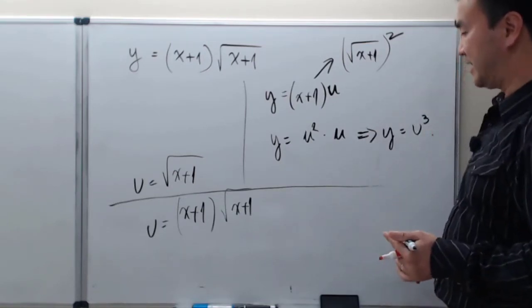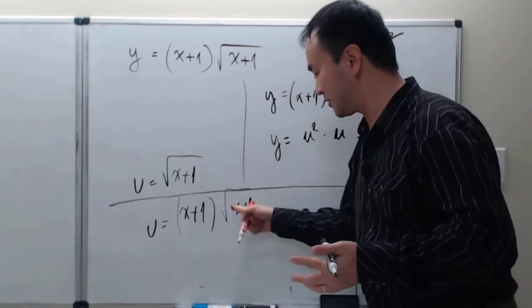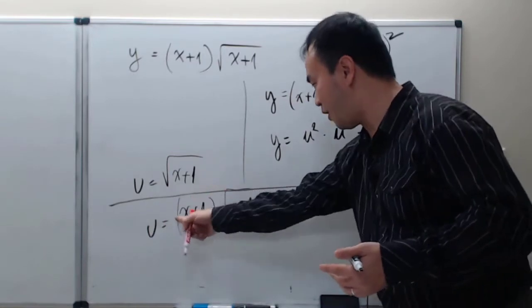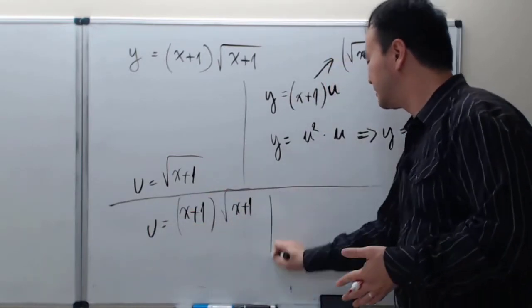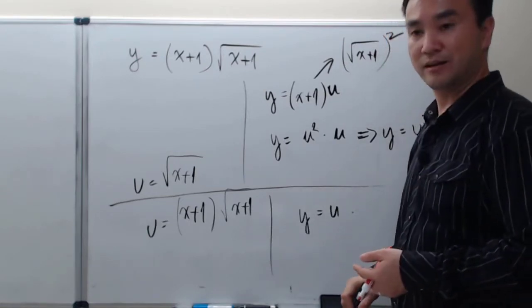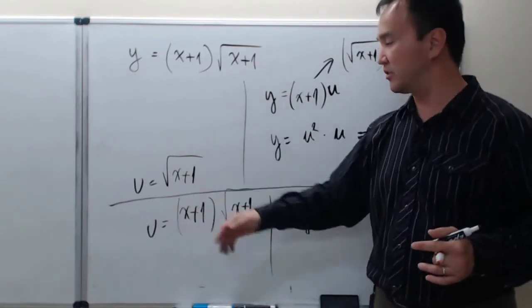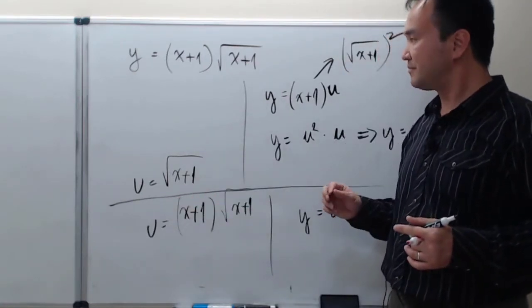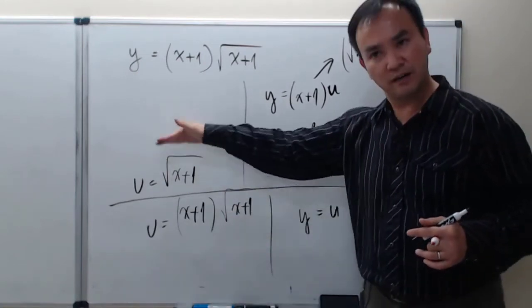Okay, and then for the last one, it's quite obvious. When we let u equal the whole thing, all of that becomes your inside, then how does the outside function look? Okay, so y equals u. I just want to point out a couple of different ways of how we choose the inside function, and none of these is wrong. None of these is wrong.